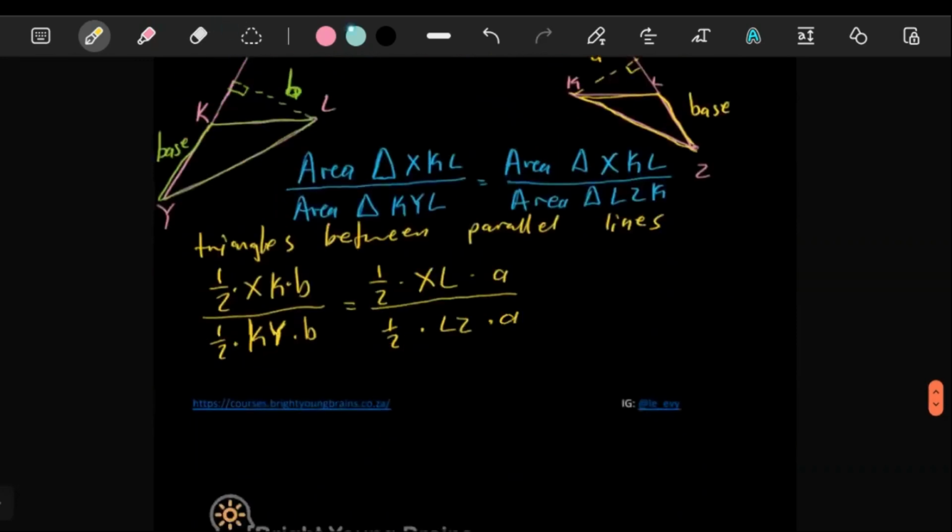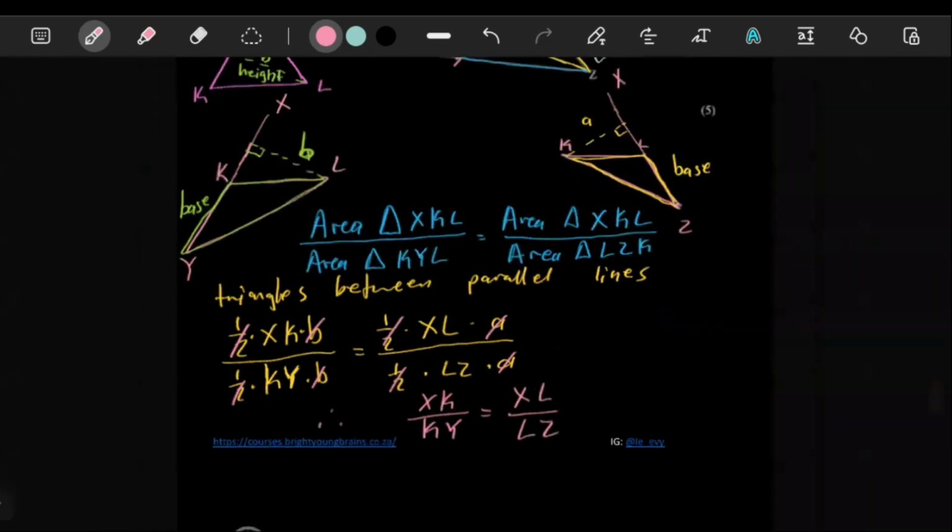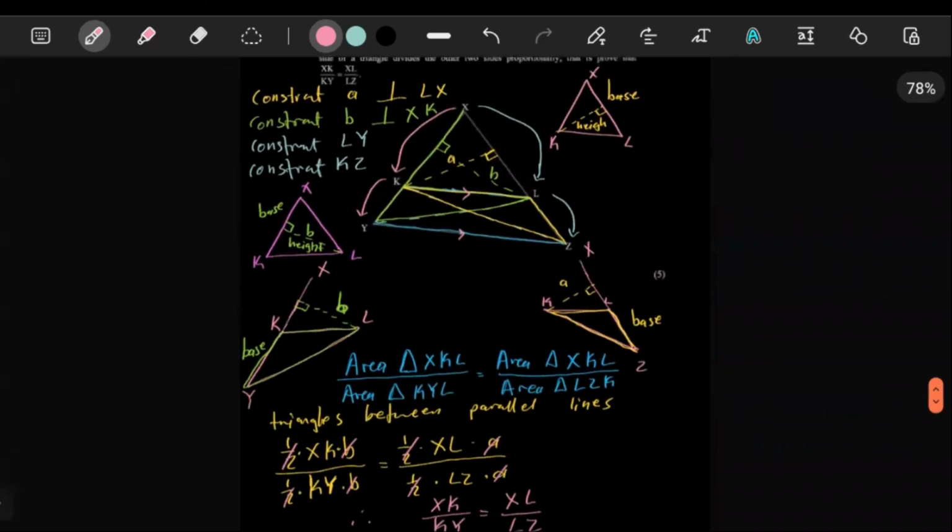Then half cancels half, B cancels B, half cancels half, A cancels A. And then you can say therefore, XK over KY is equal to LX over LZ, which is what they want you to prove up here. XK over KY is equal to LX over LZ.